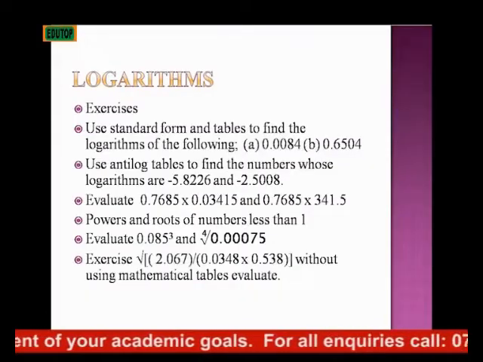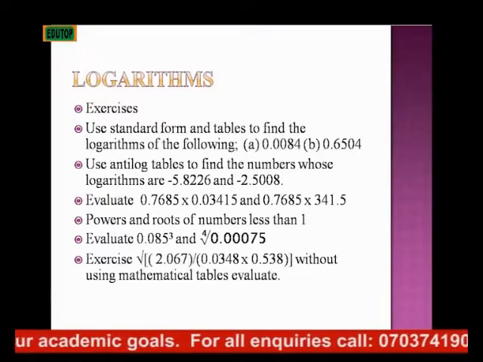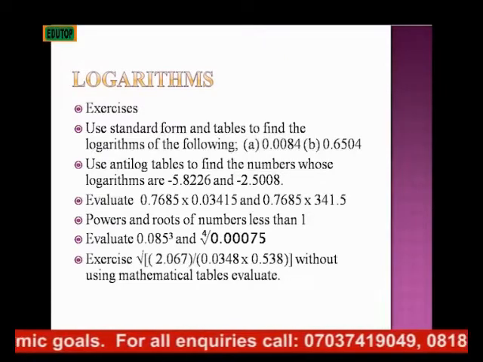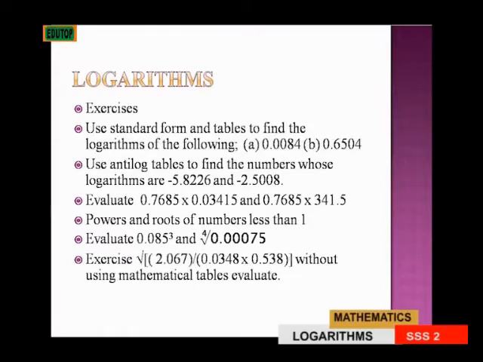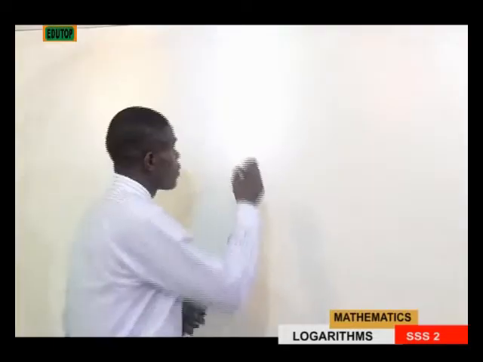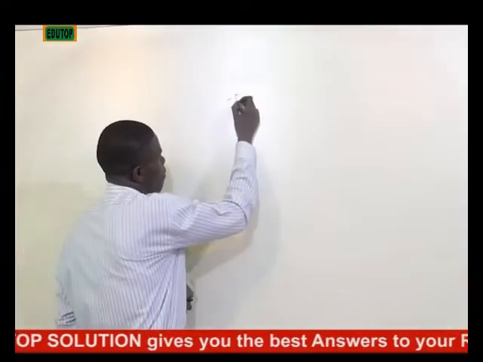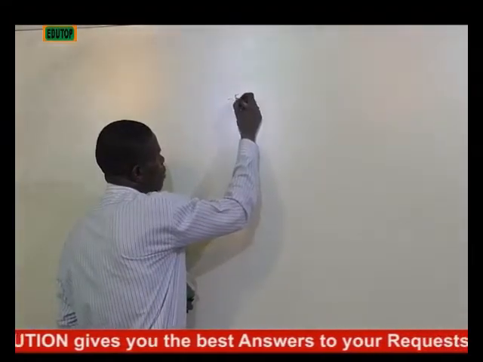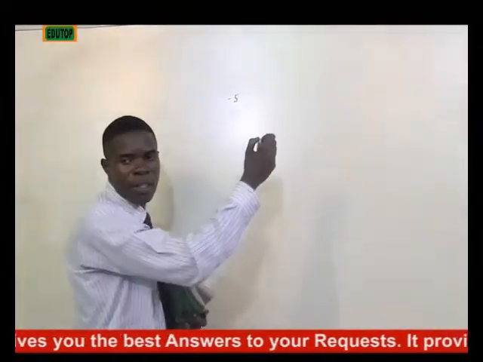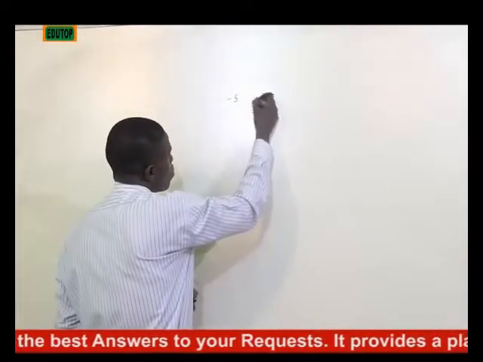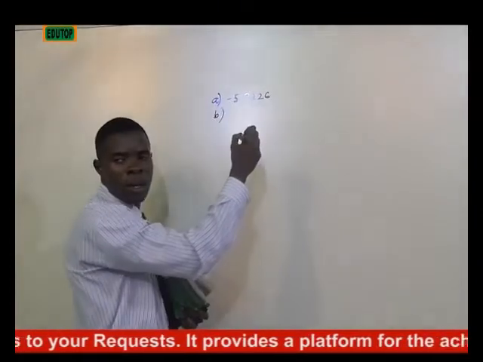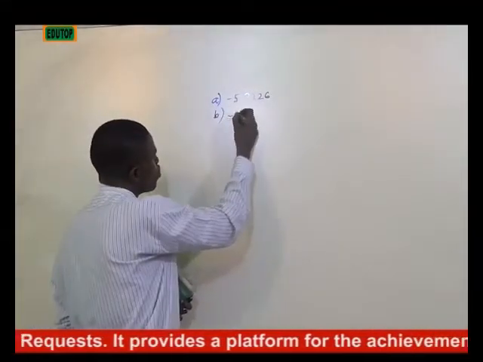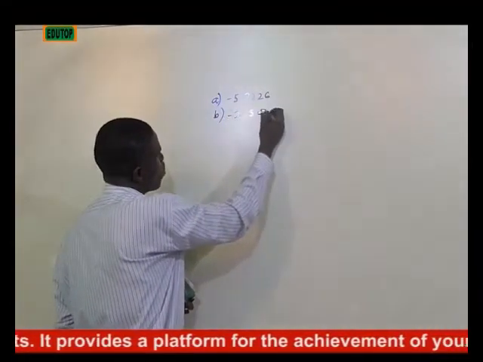Use anti-log tables to find the numbers whose logarithm are these: minus 5.8226 and minus 2.5008. The first one is minus 5.8226, and the second is minus 2.5008.